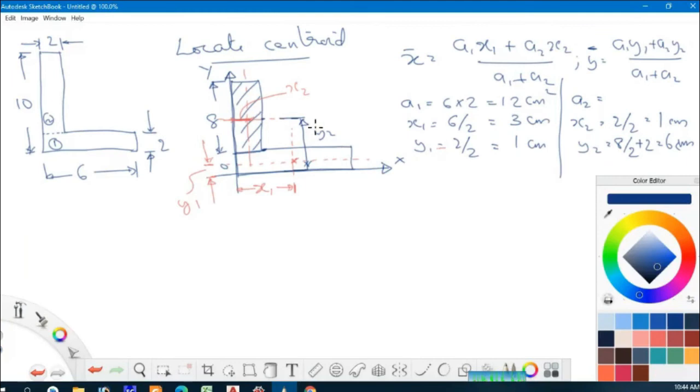That is the centroidal distance of this rectangle from x. And A2 is 8 into 2, equal to 16 centimeters square. Clear?